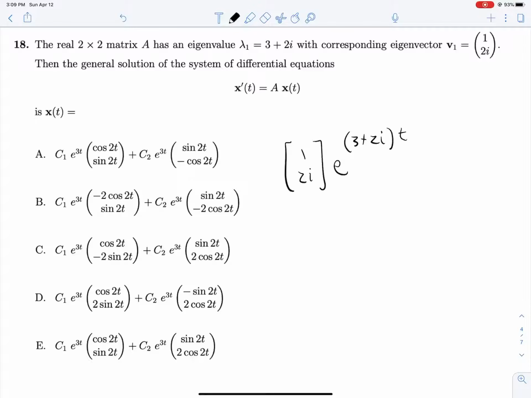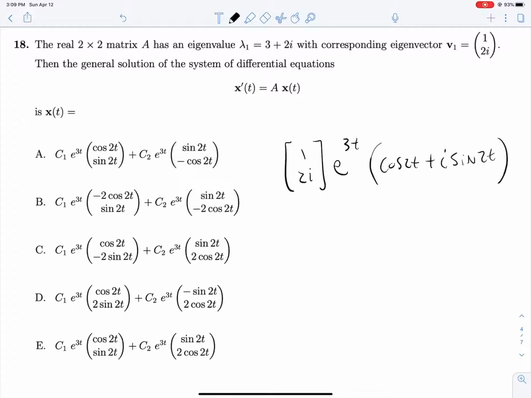So I'm going to split this up to e to the 3t plus 2it. We can split this up some more, make this into another e to the 2it, and then we can replace this 2it by Euler's identity with cosine 2t plus i sine 2t.